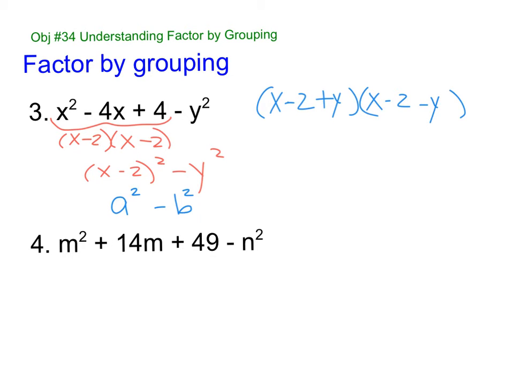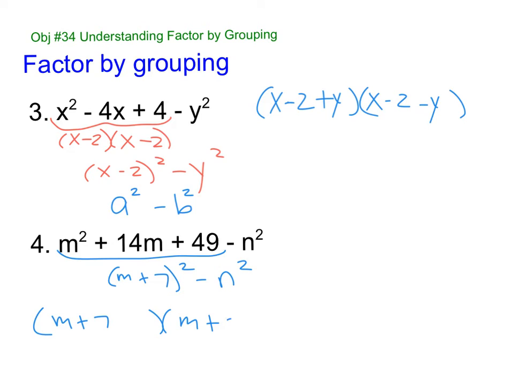So if you didn't get number 3, pause and now try number 4. That is m plus 7 squared, minus n squared. So m plus 7 times m plus 7, and then plus n, minus n.